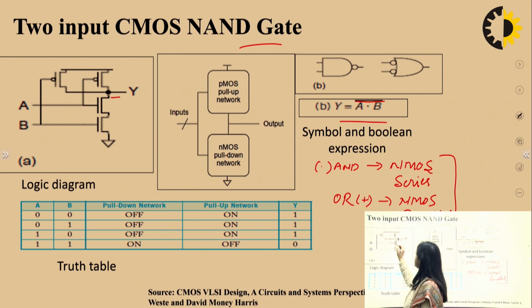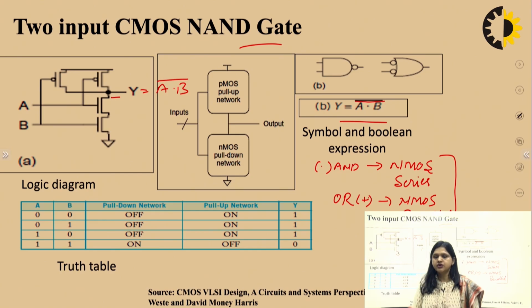Here you can see that inputs A and B are given to the PDN in series combination, and A and B are given to the PMOS transistors in parallel fashion. So at this output we will get (A dot B) bar. This is a simple implementation of a 2 input NAND gate.